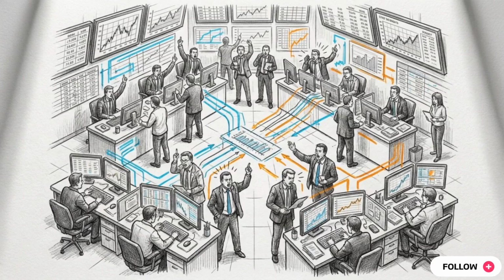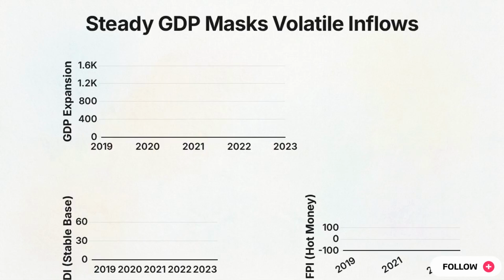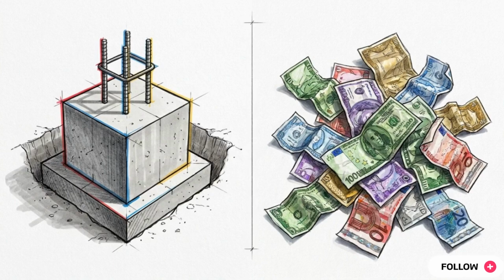FPI provides critical daily liquidity to equities, allowing markets to function smoothly. But because it is highly liquid, it is also highly volatile, often fleeing the country rapidly during global economic shocks. By tracking GDP along with these exact capital flows, analysts determine if the total economic pie is expanding, and whether that expansion is funded by stable concrete or flight-prone cash.